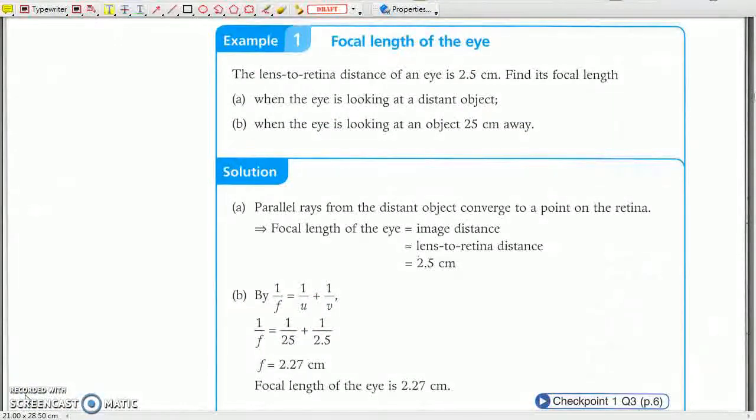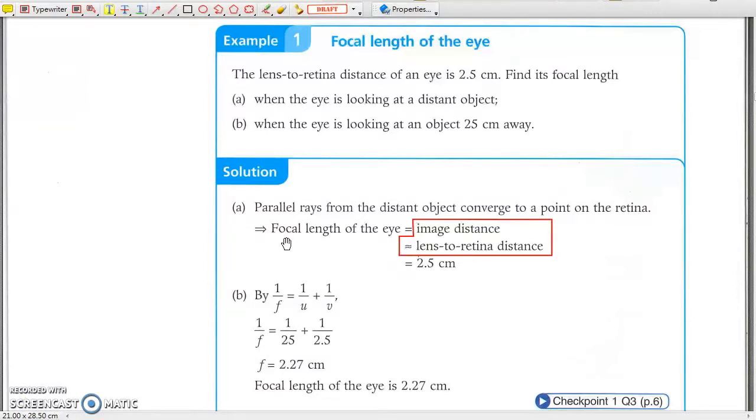Example 1. Focal length of the eye. In all cases, the image distance must be the lens to retina distance, which equals 2.5 cm. In part A, the object distance is infinity, and hence u equals infinity in the lens formula.